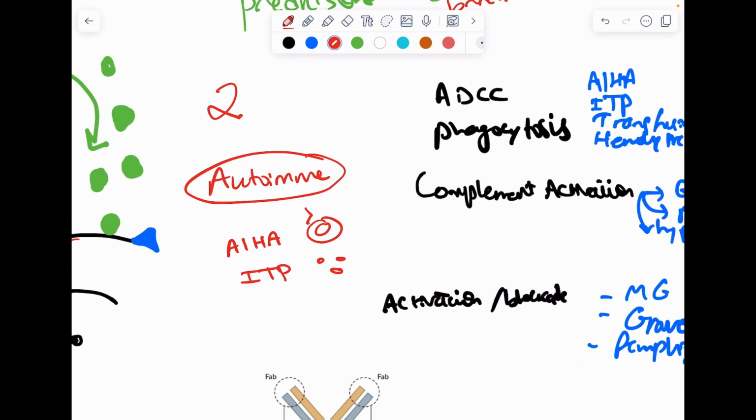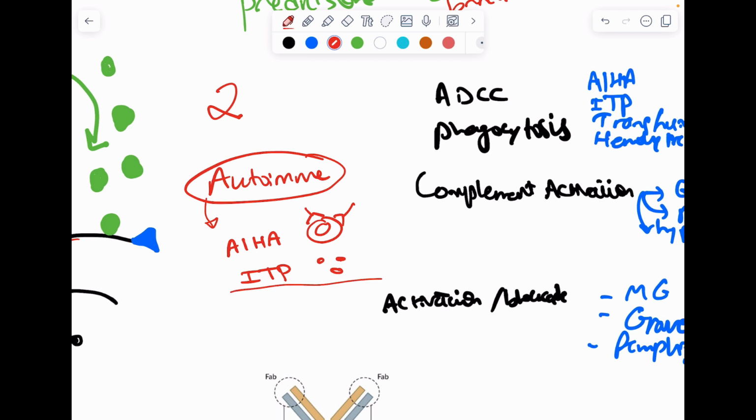Transfusion reactions like ABO incompatibility, Rh incompatibility, that is also considered an autoimmune attack, right? So any form of blood cell lysis, whether red blood cell lysis, platelet lysis, even leukocytes lysis as part of SLE, all this is autoimmune type 2 hypersensitivity.